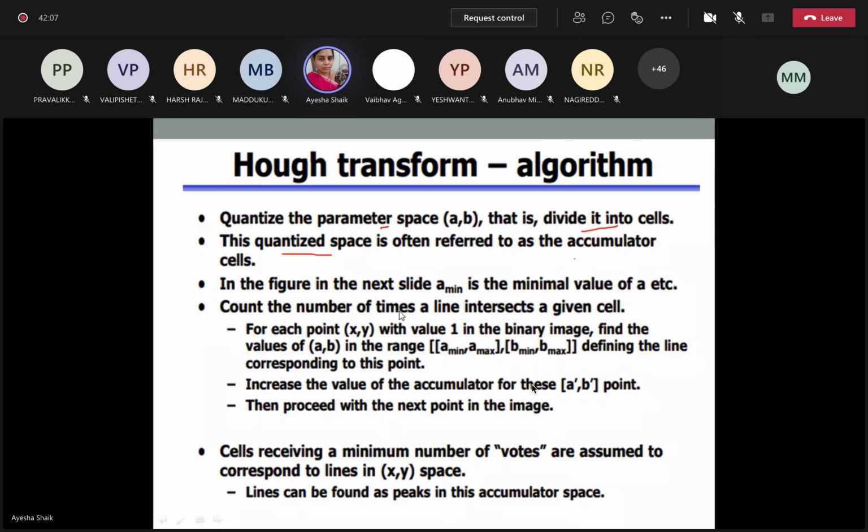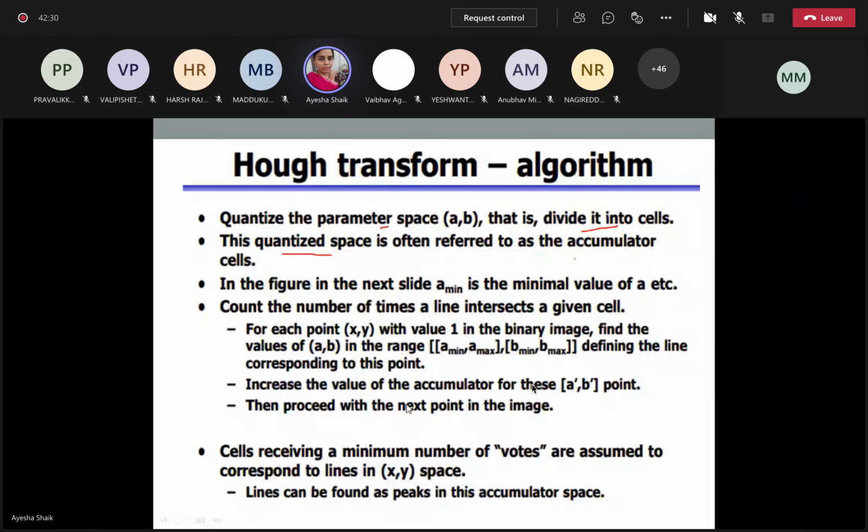For each point xy with the value 1 in the binary image, find the values of A and B. A has to be in this range, B has to be in this range, and they have to define the line corresponding to that point. After that, increase the value of the accumulators for this A prime and B prime, then proceed to the next point.